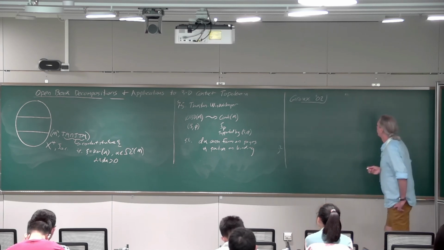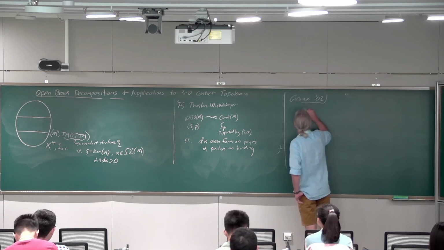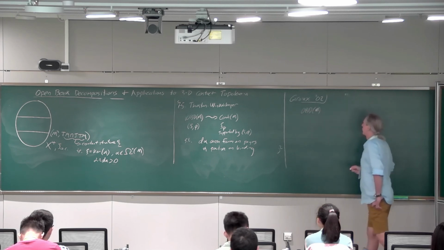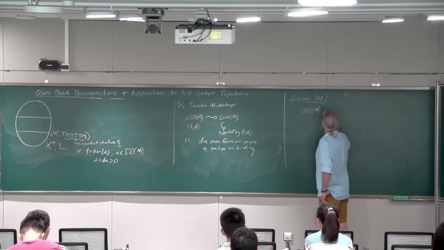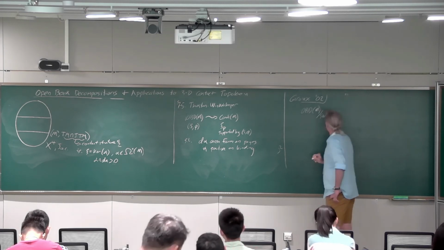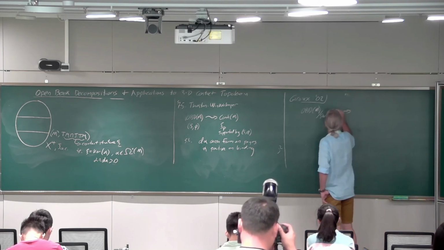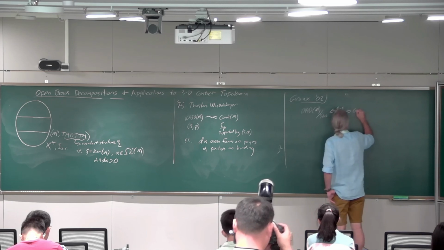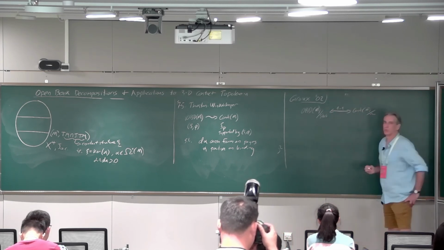And establishing a one-to-one correspondence between open book decompositions on a given three-manifold M, I should put 3 here, well, up to, importantly, a stabilization operation that I'll describe in a bit, and contact structures on my manifold up to contact isotopy.